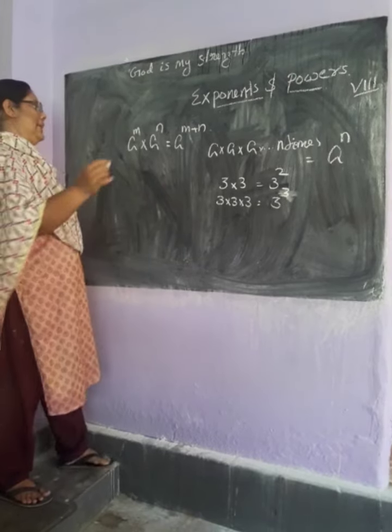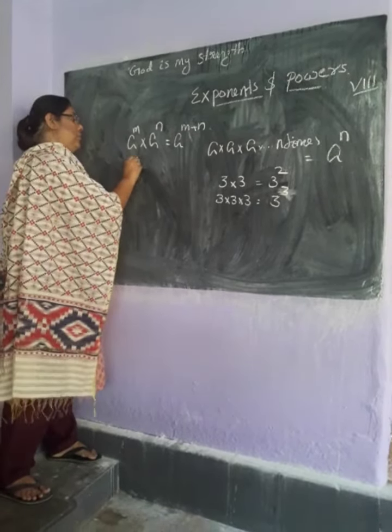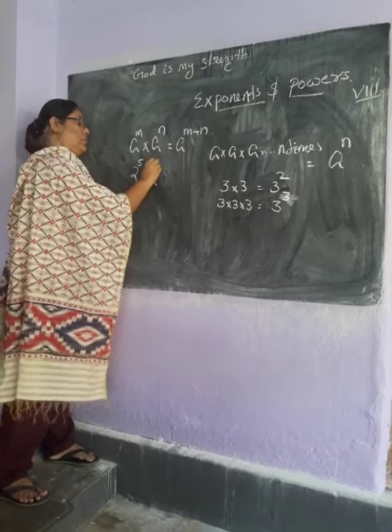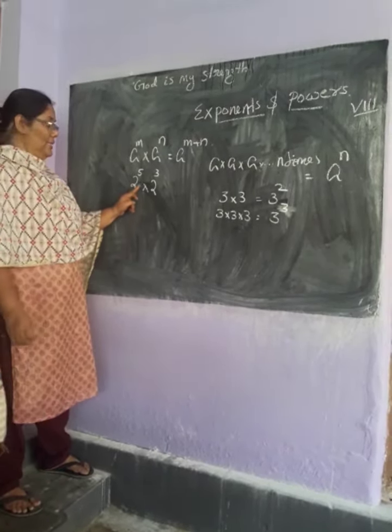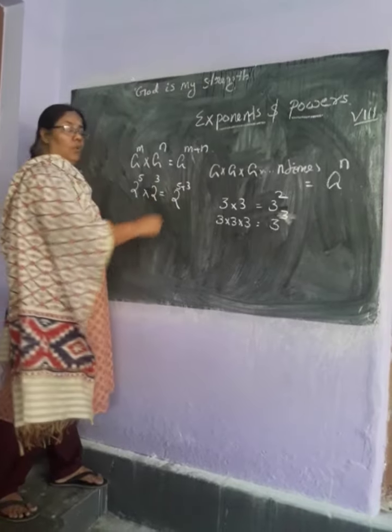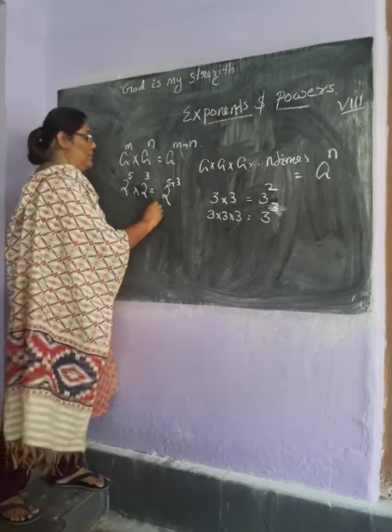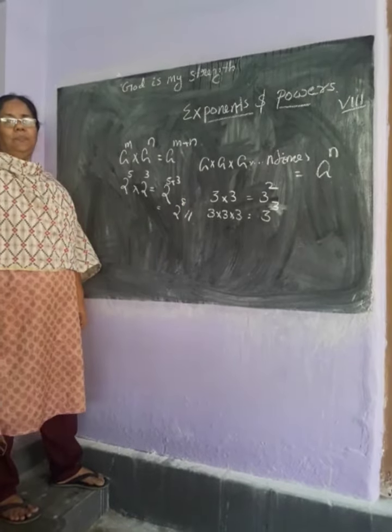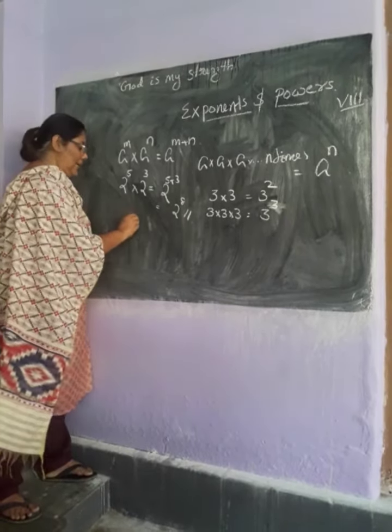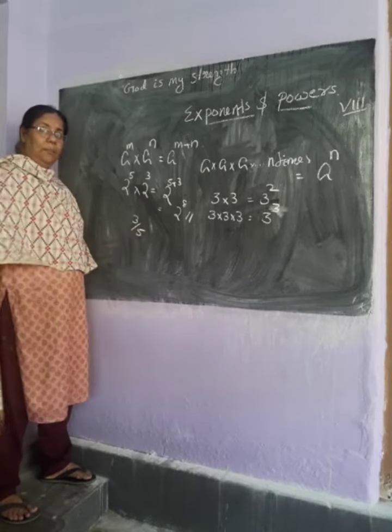I will give you one example. 2 raised to 5 into 2 raised to 3. Say the answer. It is the same base, therefore 2 raised to 5 plus 3. Write this step also. What is 2 raised to 5 plus 3? 2 raised to 8.